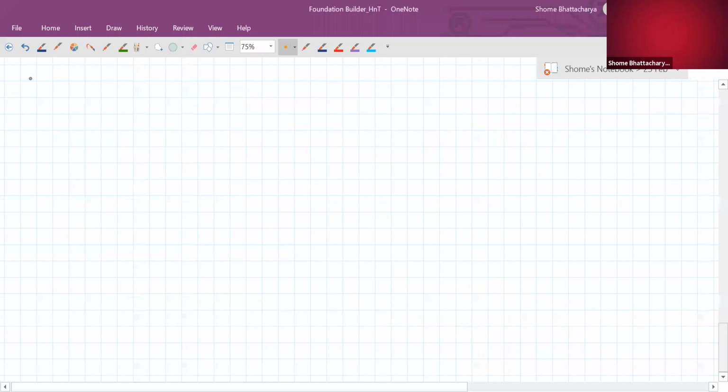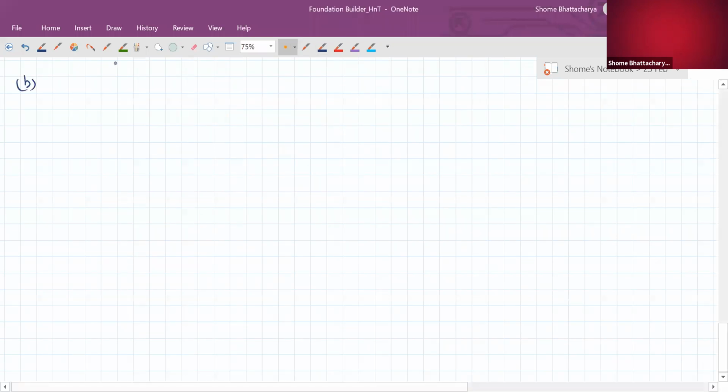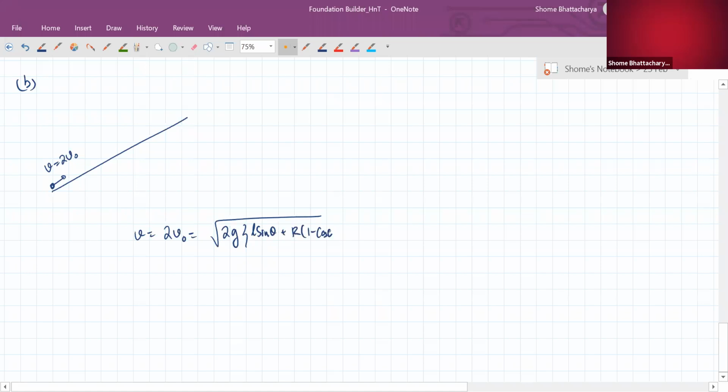Okay, so let's come to the B part. So in this, what is happening is assuming that the projection speed is 2v naught and the block does not lose contact with the track before reaching the top. So we are giving a speed of 2v naught here, which is equal to 2 times square root of 2g into L sine theta plus R into 1 minus cos theta.